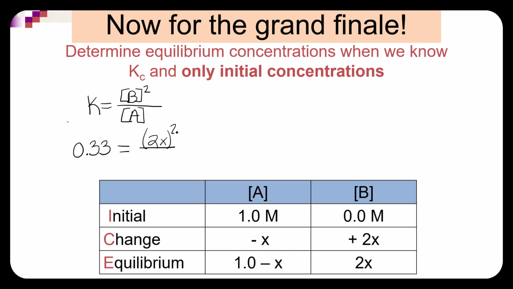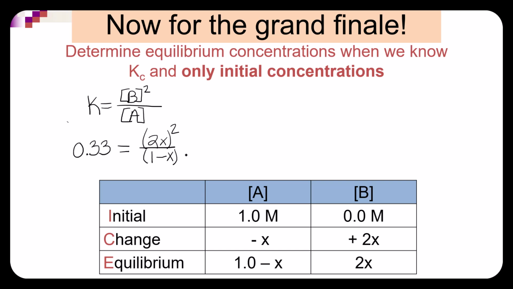And we're still squaring that. And the concentration of A at equilibrium is 1 minus x. So while this is not a pretty equation, it is an equation that I can solve algebraically. If I can isolate x and solve for x, then I can figure out the equilibrium values. So let's solve for x.